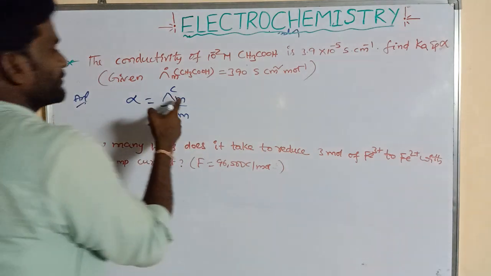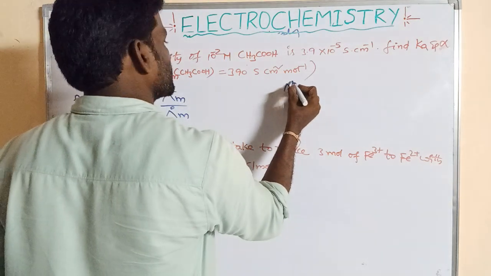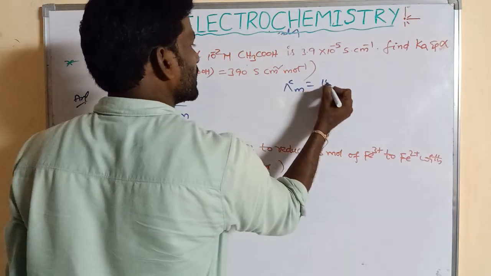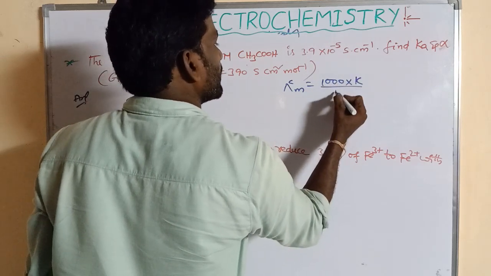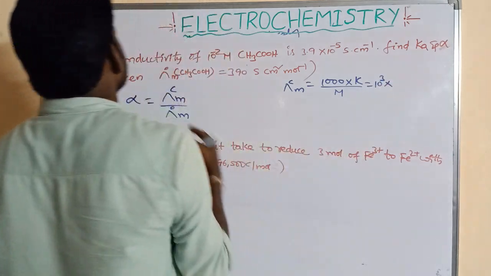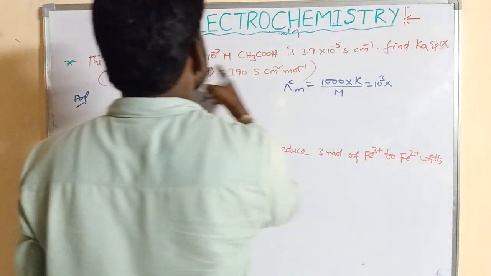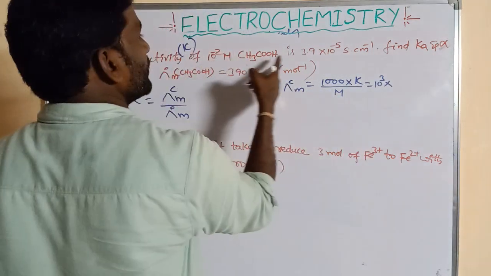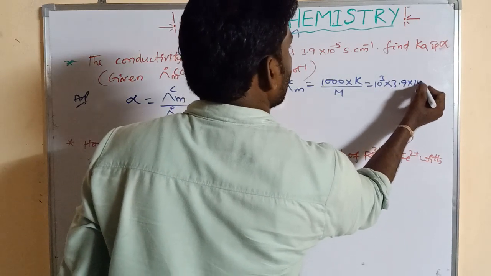So first of all we can find out molar conductivity at concentration C. What is the formula? 1000 kappa by molarity. 1000 means 10 cube into kappa. So this is the conductivity. Conductivity is the kappa, what is its value? 3.9 into 10 to the power of minus 5.